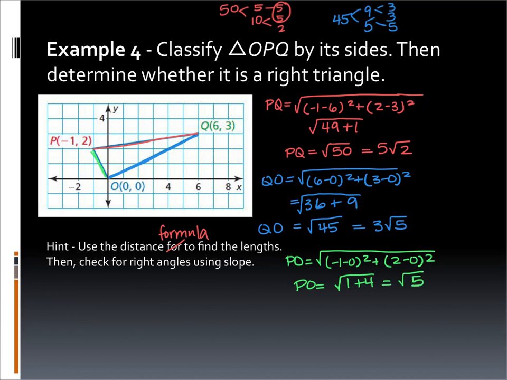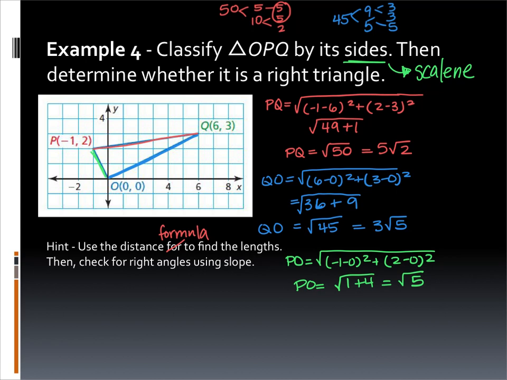So we have our lengths. None of them are equal. None of them are the same. So if we're going to classify by sides, then we're going to say that it is scalene because there are no equal sides.